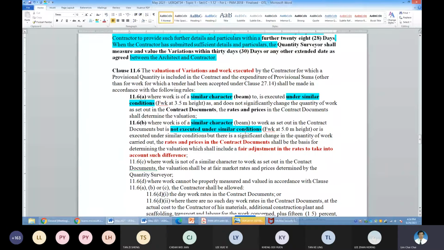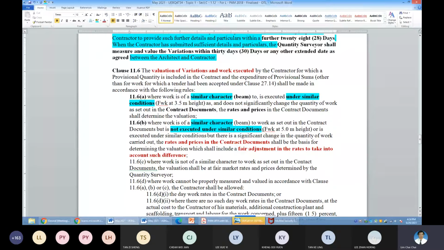It's different. Your contract is 3.5, but now it's 5.0. If it's 3.5 in the BQ, you use this rate applicable. You cannot use a 3.5 rate in the BQ to pay for the height at 5.0 meter high. So it's a different condition.